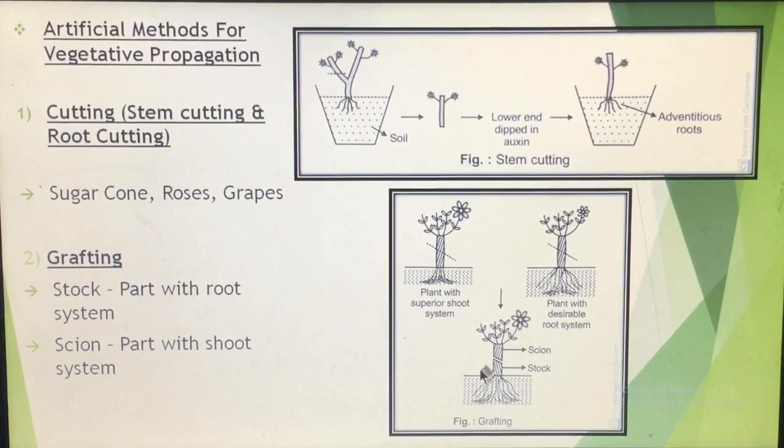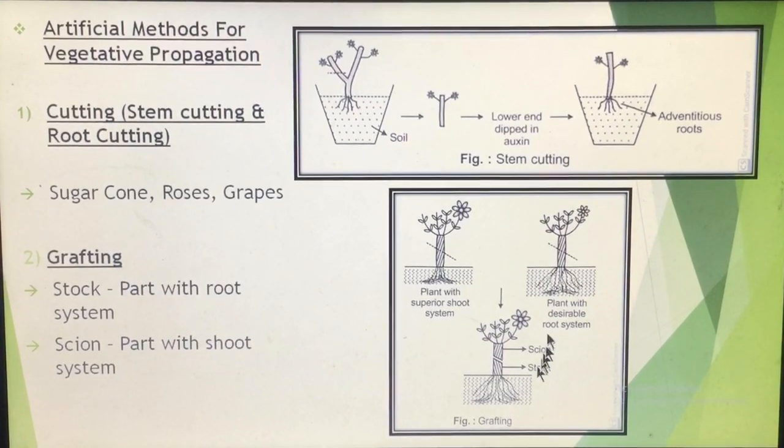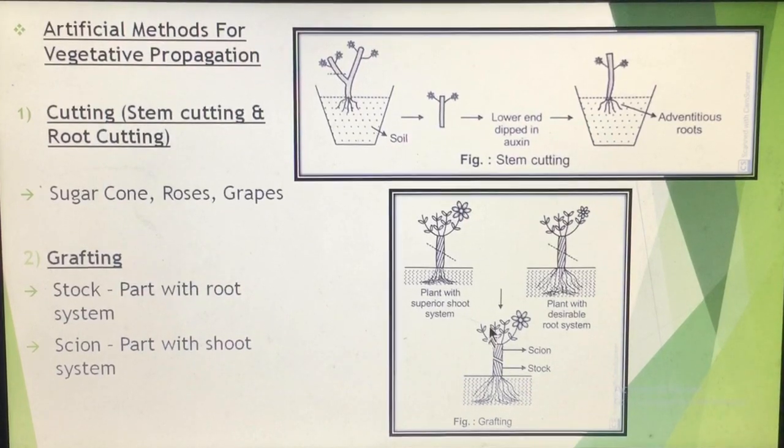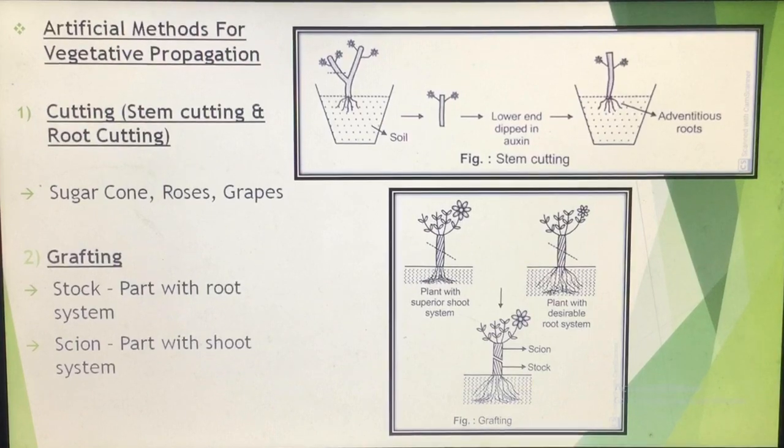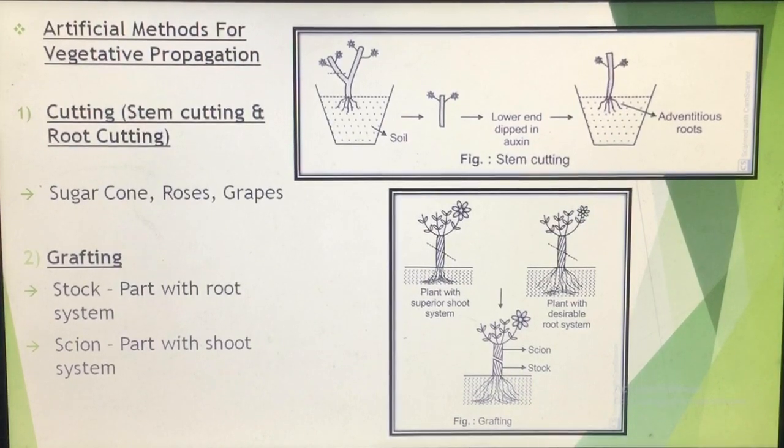Of course, some hormones are spread on the point where the tying is done. So naturally the plant produced after grafting will have both the superior qualities, that means the shoot system will have desirable qualities, as well as the root system being very strong. So this is the grafting method.